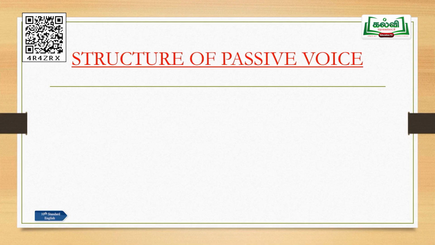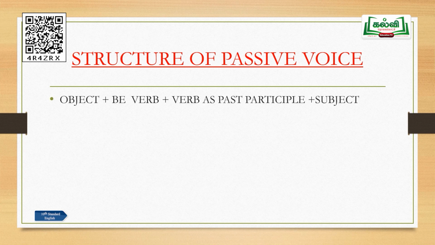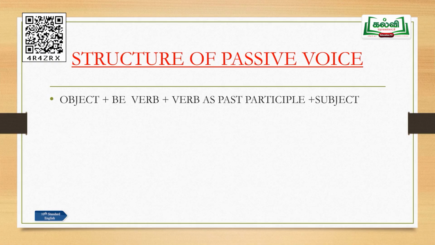So let's see how the structure is in the passive voice. Structure of passive voice: object plus be verb plus verb as past participle plus subject. In the previous part, I told you how the subject becomes the object and the object becomes the subject. So here the structure of passive voice is like this. Object plus be verb plus verb as past participle plus subject.